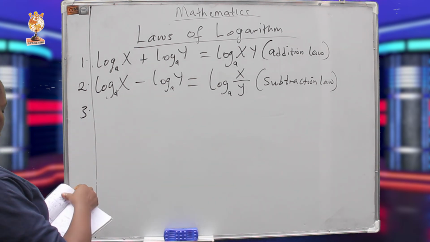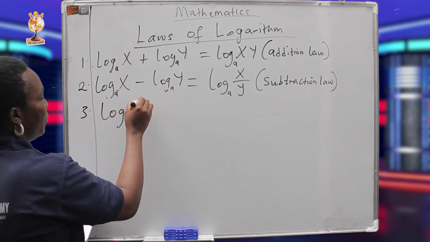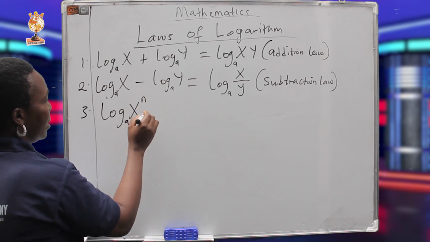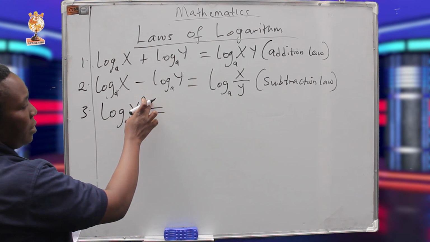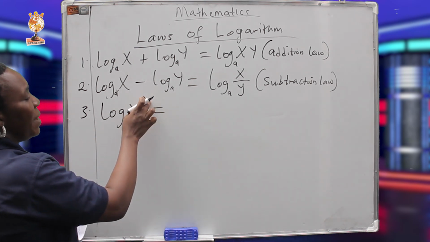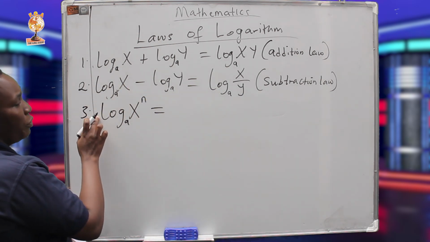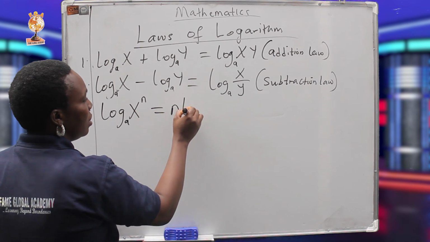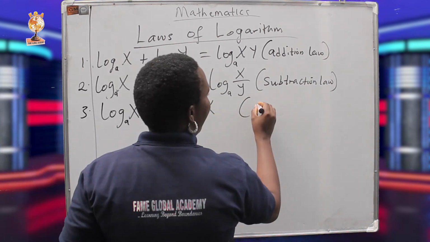We have log x raised to the power of n base a is equal to, now this is a logarithm that has a power. Now if a logarithm has a power, all you need to do is bring the power to the front of the logarithm, so that will give us n log x base a. This is called the power law.